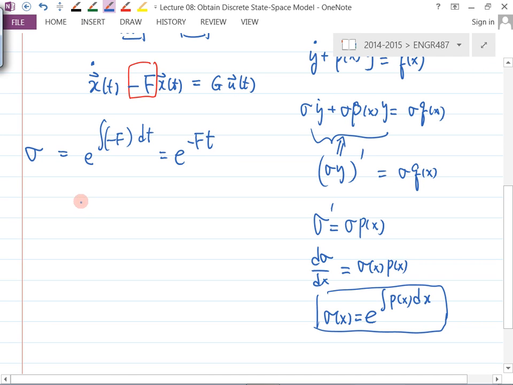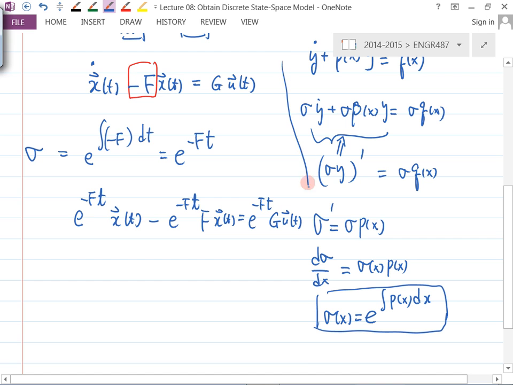Anyway, now I'm going to multiply this integrating factor back into this differential equation. So I know this is my integrating factor. Why is it called that?